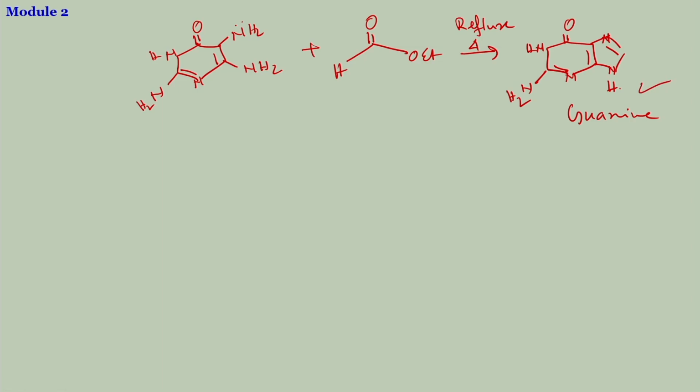Now if you think of little bit variation, this if I start with and if you treat this with urea, can you find out what the compound going to be?